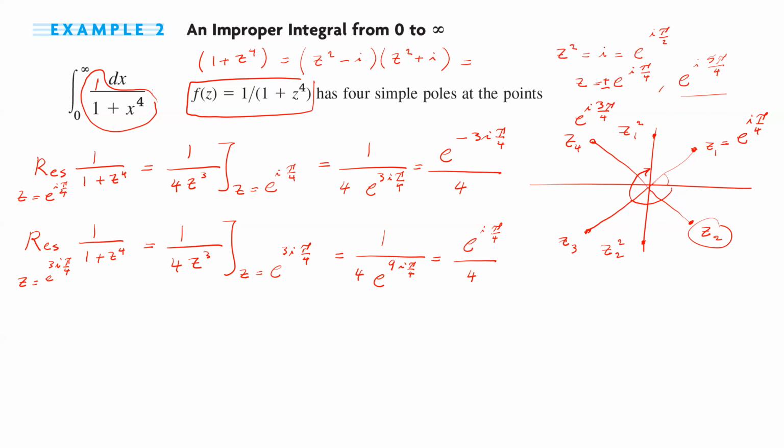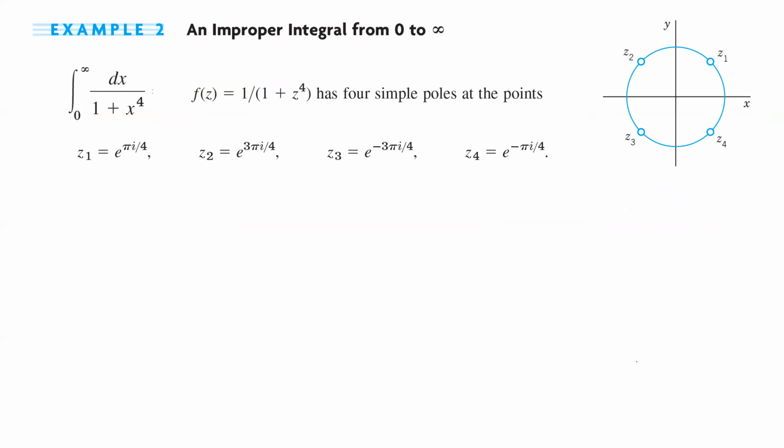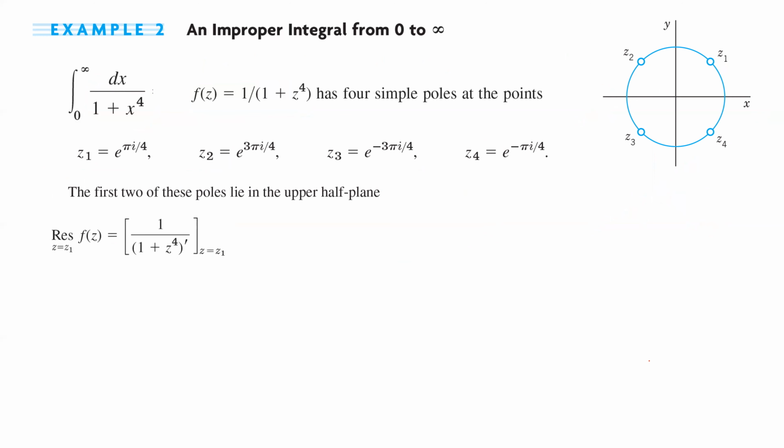All right, so these are the residues. So we have e to the i pi over 4, e to the 3 pi i over 4, e to the -3i pi over 4, and e to the -pi i over 4. So these are the 4 points. The first two lie in the upper half plane.